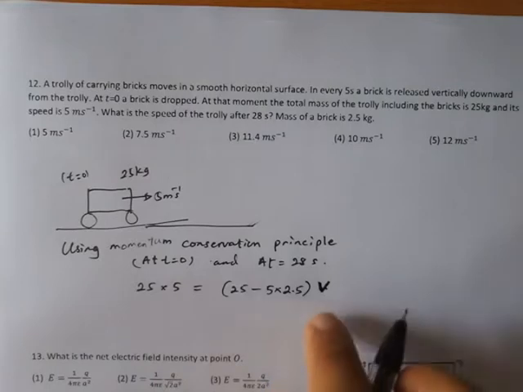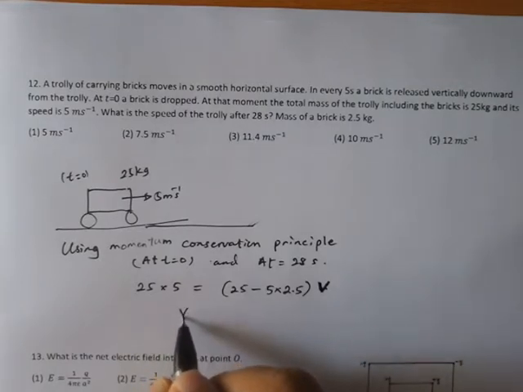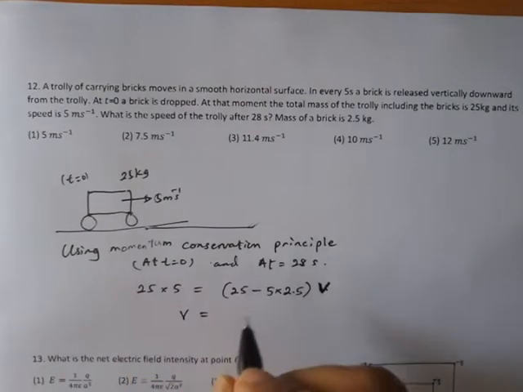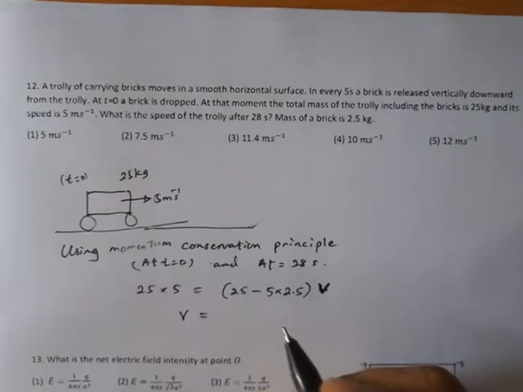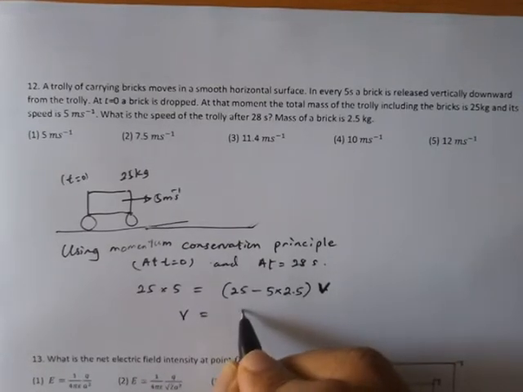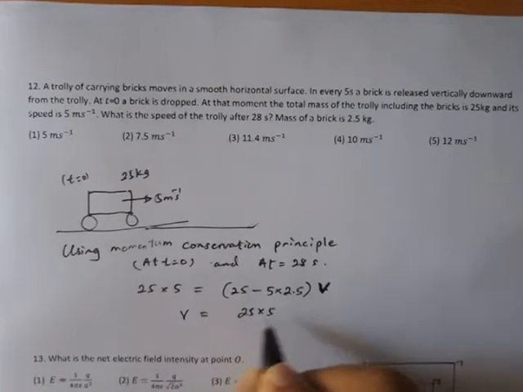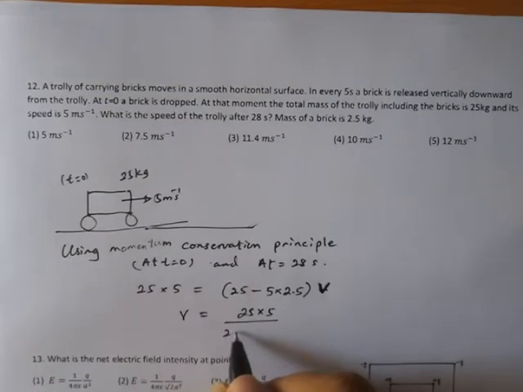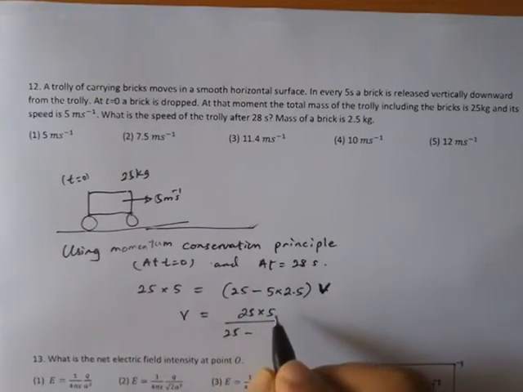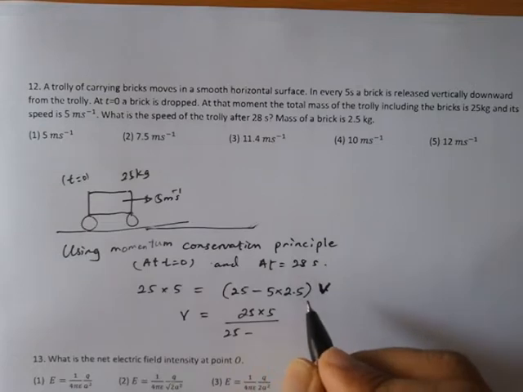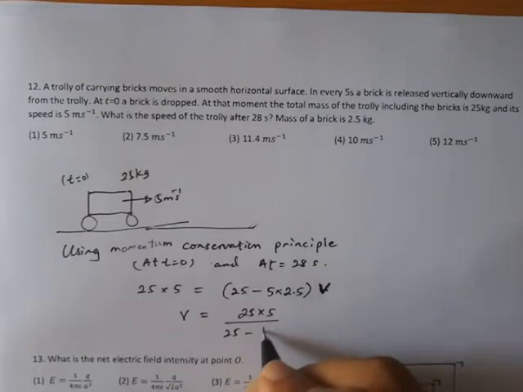So making v the subject, I get v is equal to 25 times 5 over 25 minus 5 into 2.5, which is 12.5.